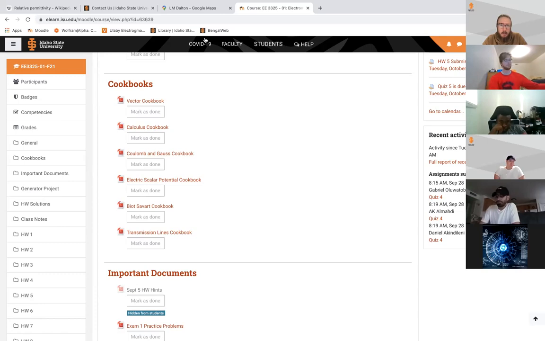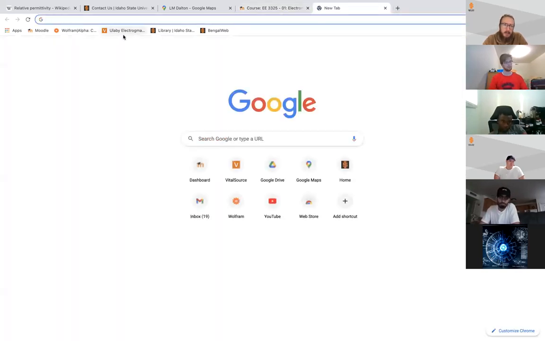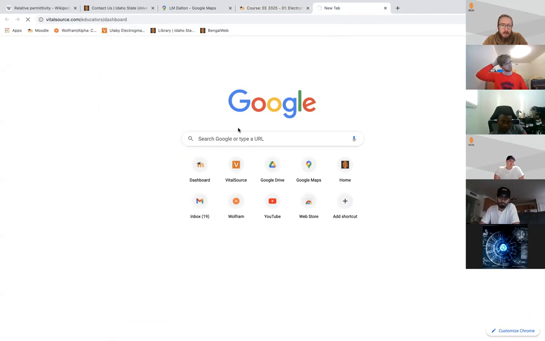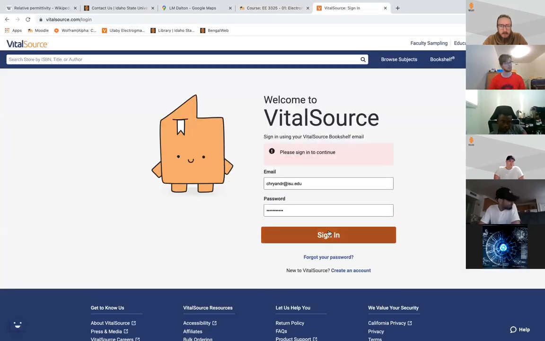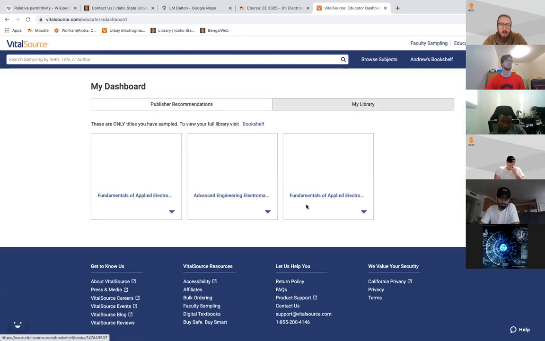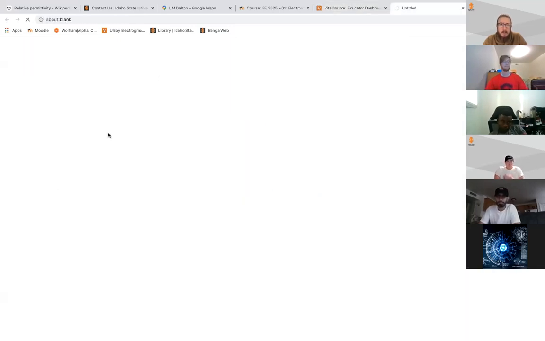What will also be printed in there is the boundary conditions table, the same thing that was in the quiz. In that quiz today, there was a table regarding the boundary conditions.